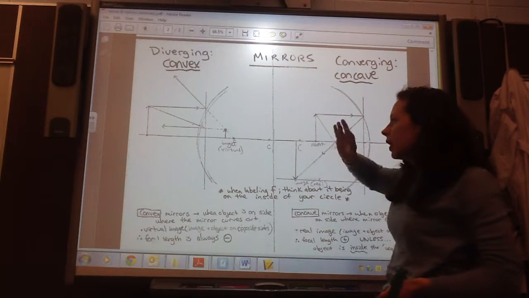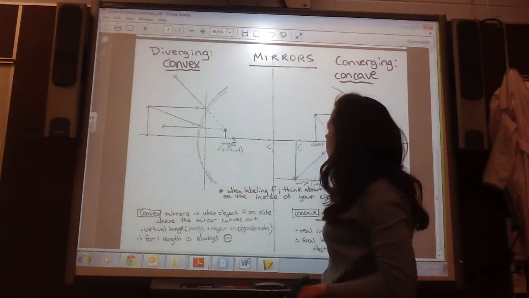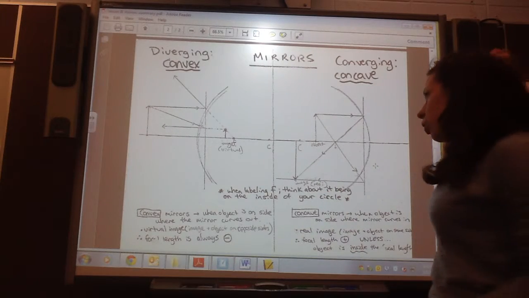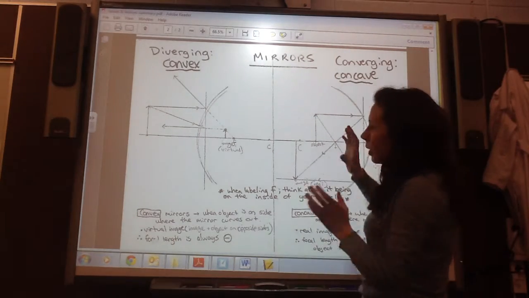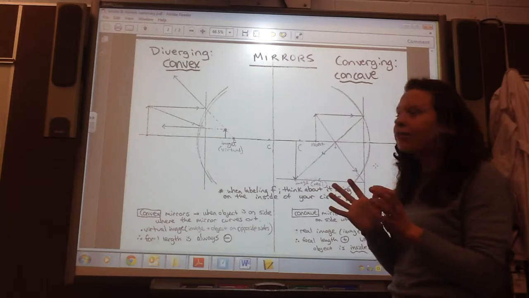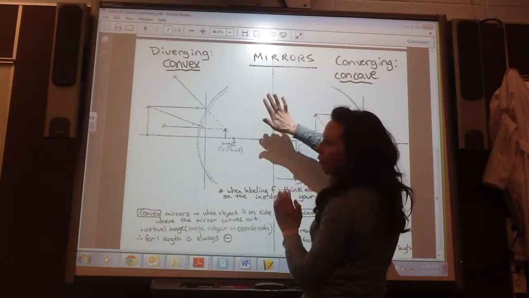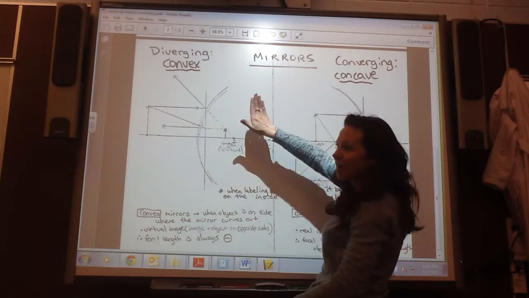Now think about it like, we think about mirrors as slicing off of a glass sphere. So when you're thinking about where to put your C or your F, think about it as on the inside of where you cut the glass.